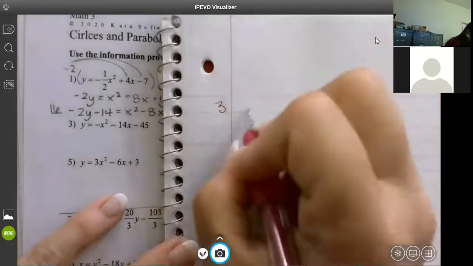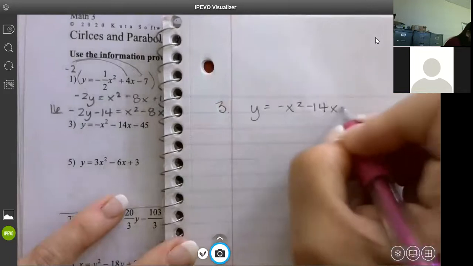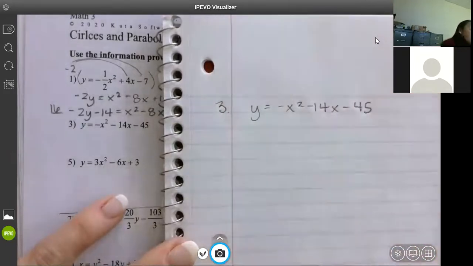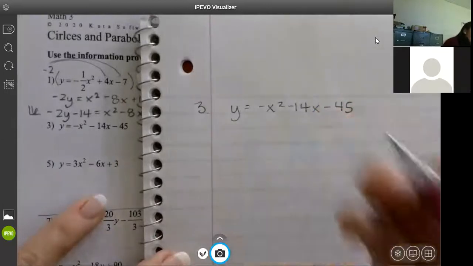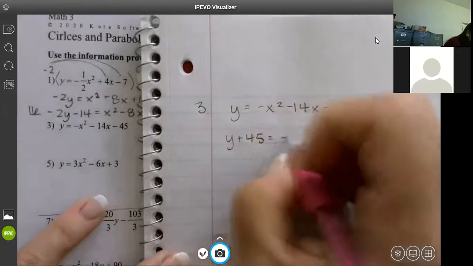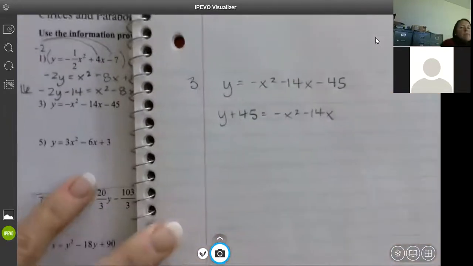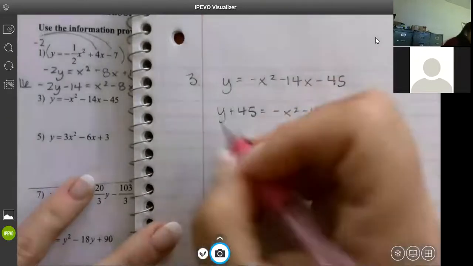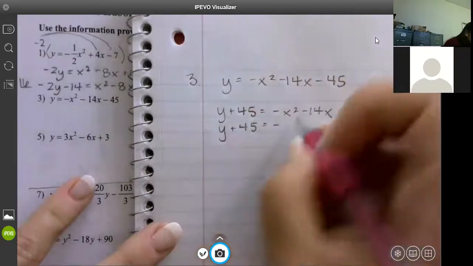So number 3 starts with y equals -x squared minus 14x minus 45. We're going to move the -45 over, so we're going to add 45. We have -x squared minus 14x. We need to get rid of the negative, so we're going to factor that out.